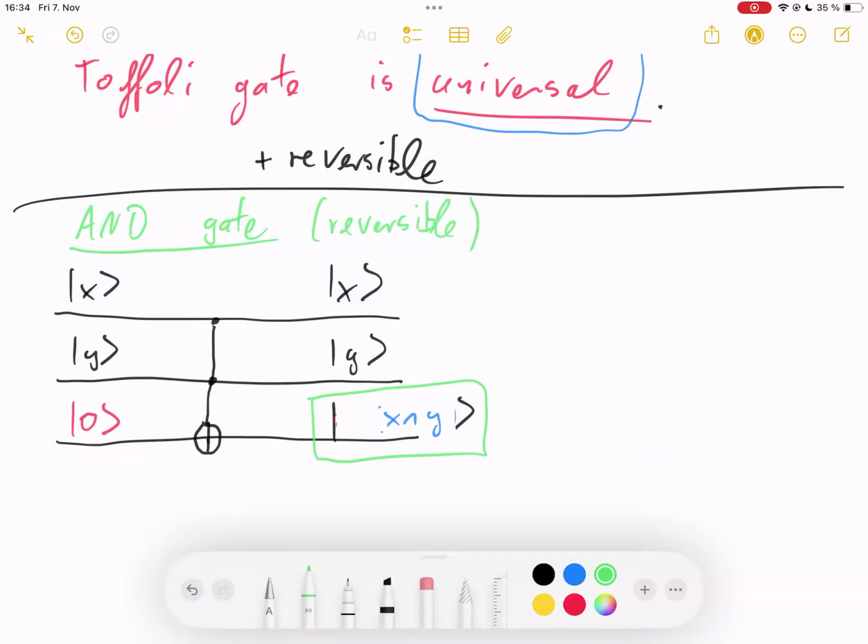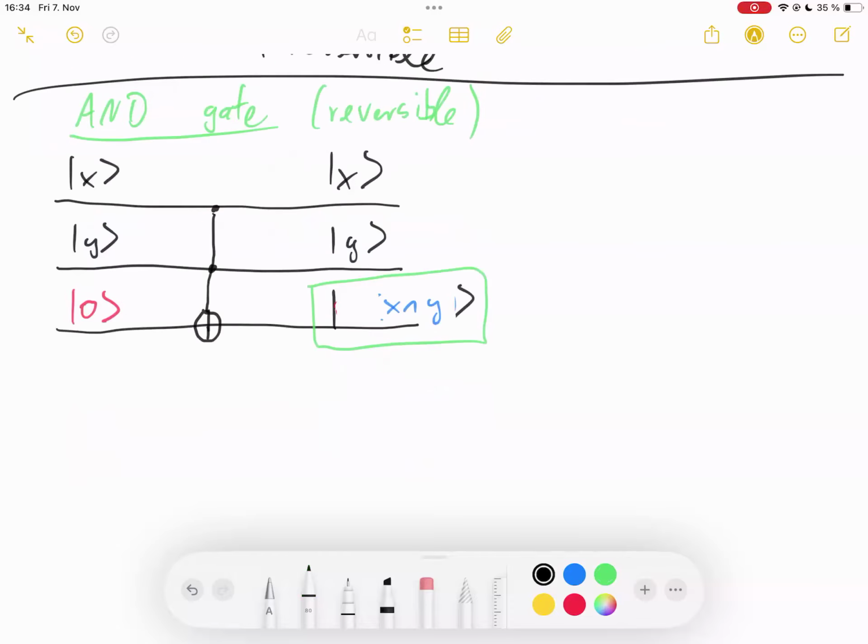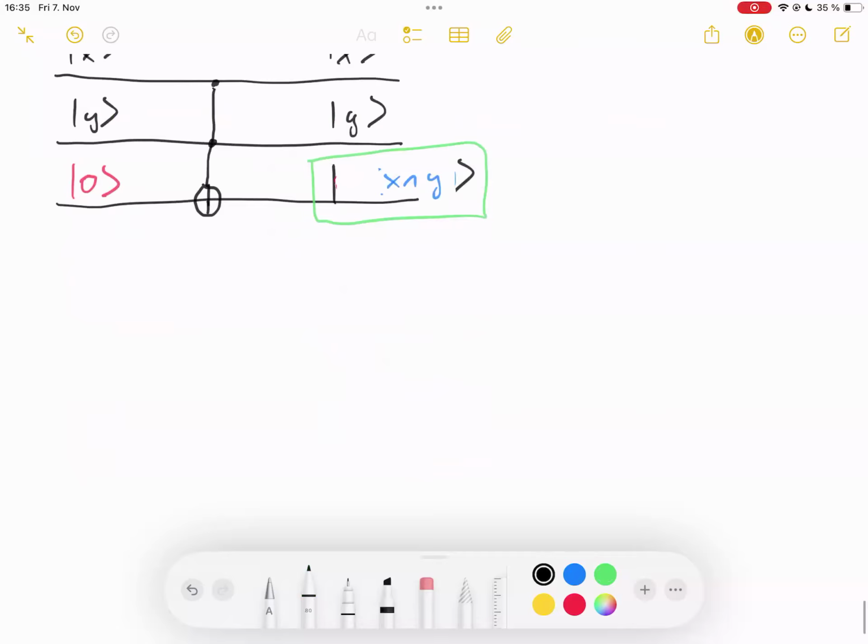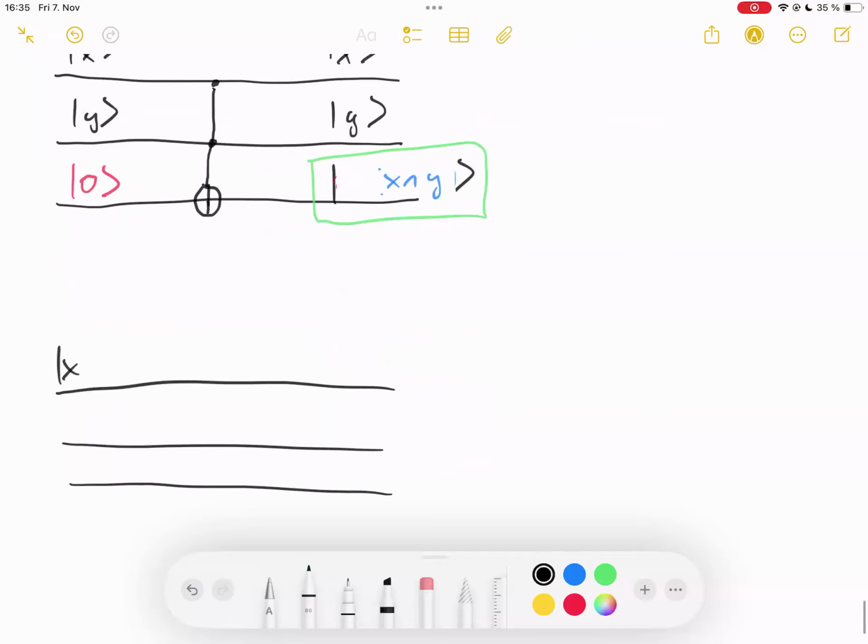Something our classic AND gate was not. I could do lots of other stuff with the Toffoli gate. For example, again, another example here is, so we have X, we have Y, and we have Z.